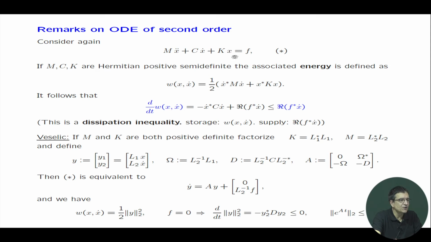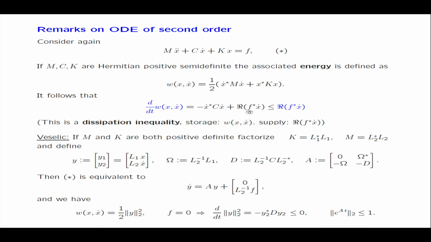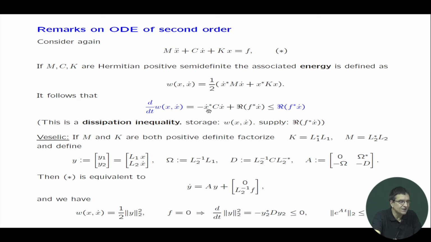So this is the total energy. And then it follows from this differential equation that along a solution, the energy satisfies this equation here. The time derivative of the total energy is minus this product here, plus this scalar product of the external force with the velocity. Here the first term is a damping term, and the damping depends on the velocity.